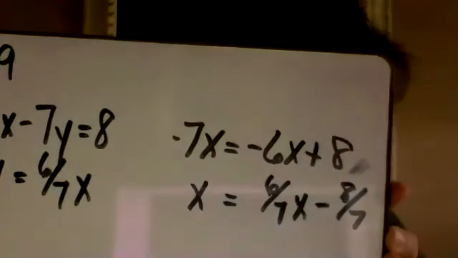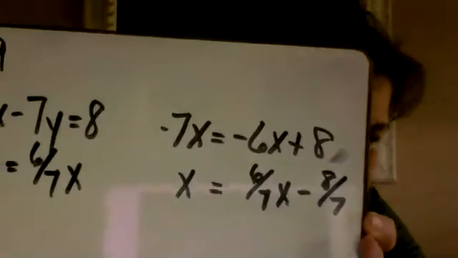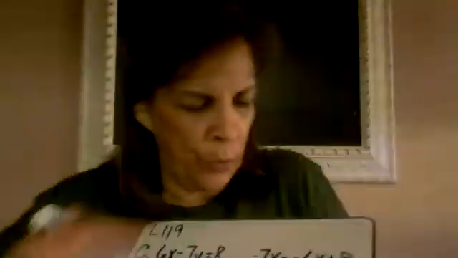And that gives us y is equal to 6/7 x minus 8 over 7. Okay, so what do you see from these two?